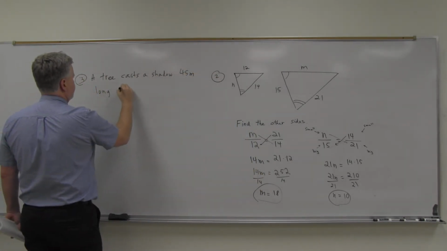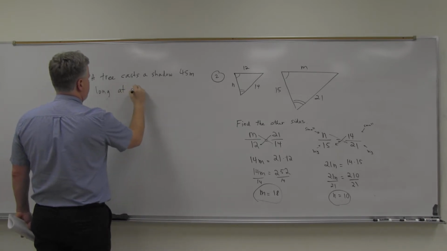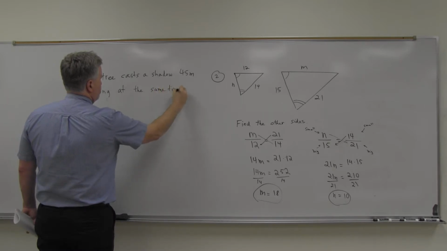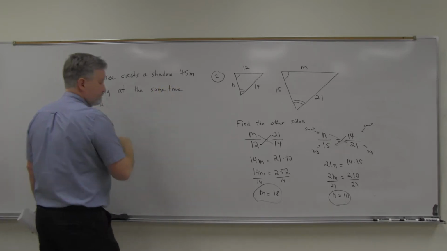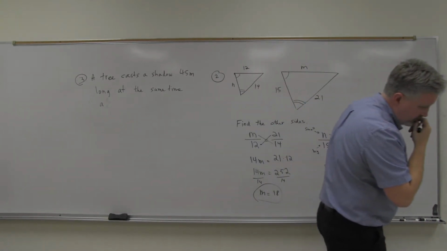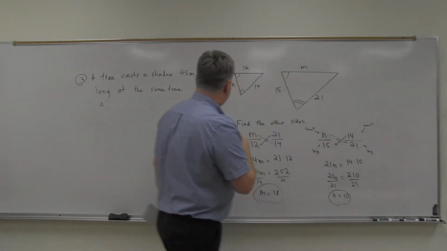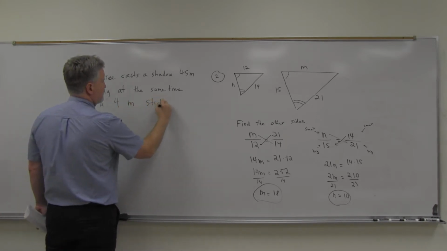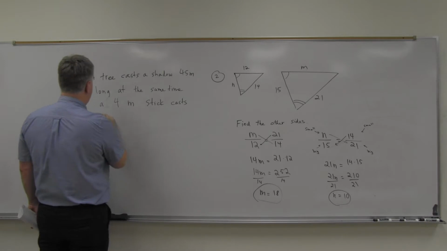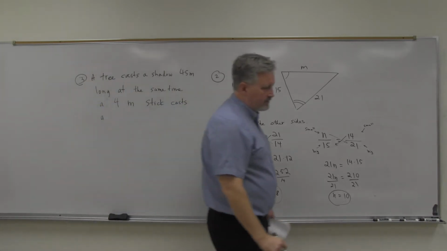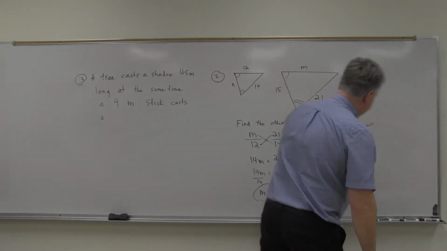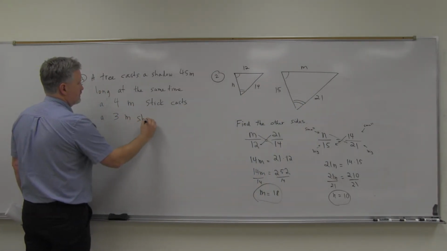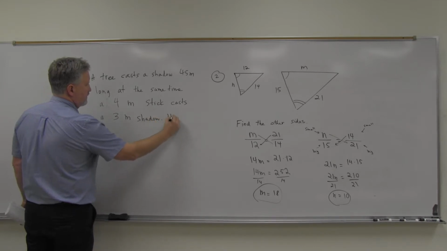At the same time, a 4 meter measuring stick casts a 3 meter shadow. So how tall is the tree?